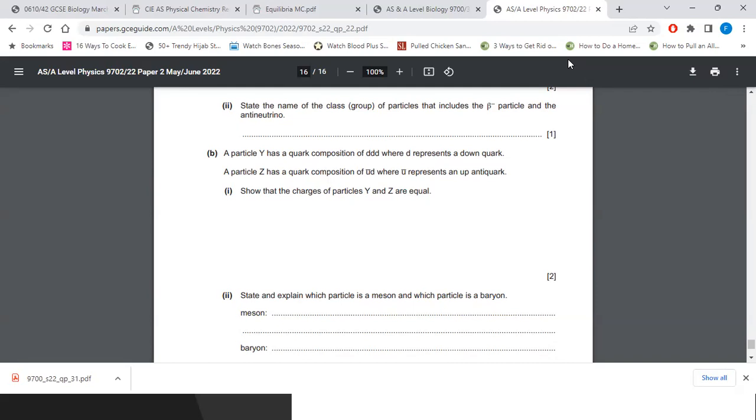Okay. A particle Y has quark composition of ddd, where d represents the down quark. A particle Z has quark composition of ud, where u represents an up antiquark. The charges of particles Y and Z are equal.